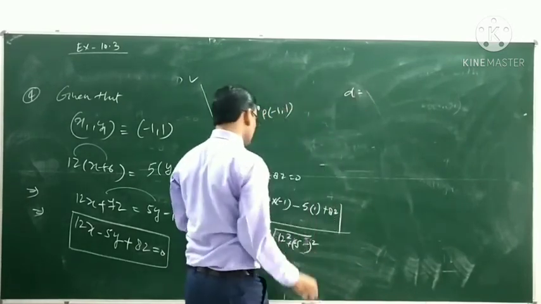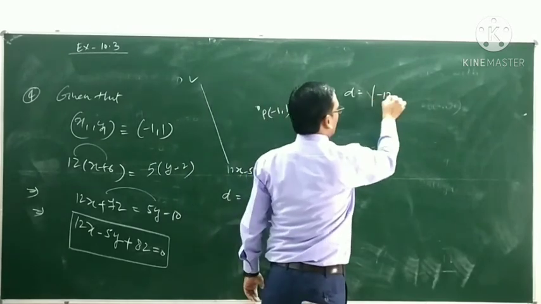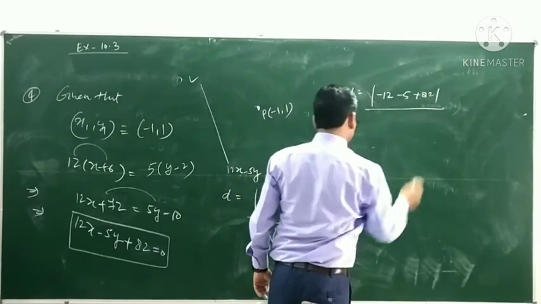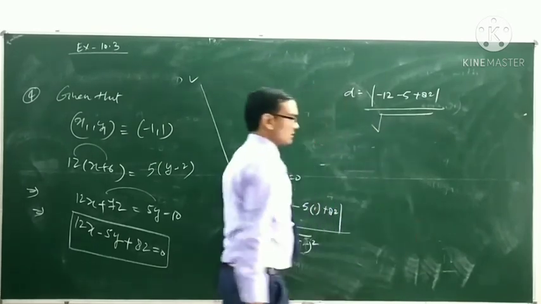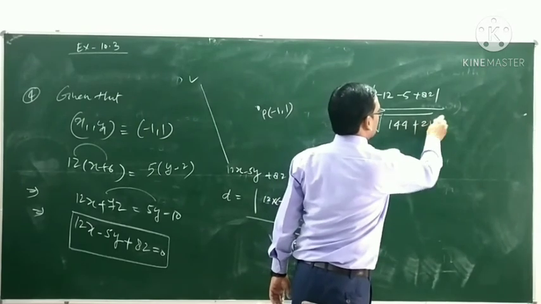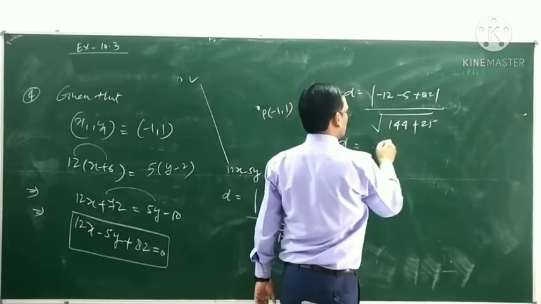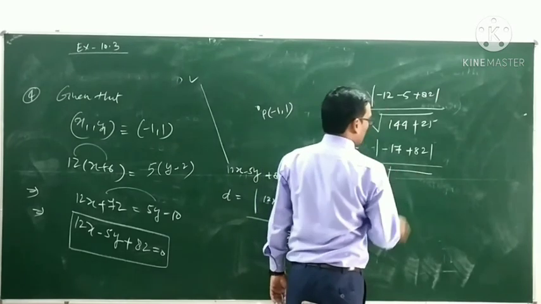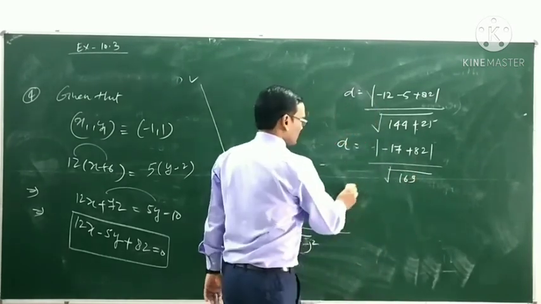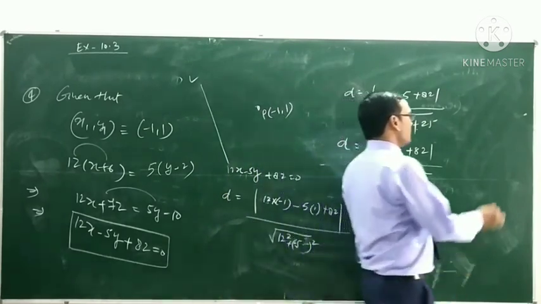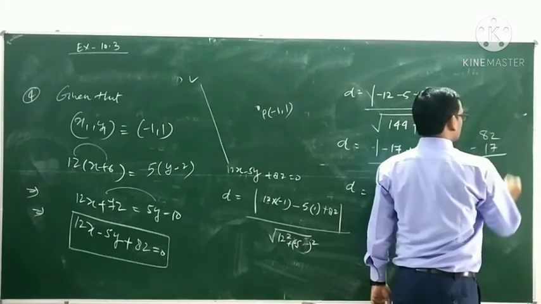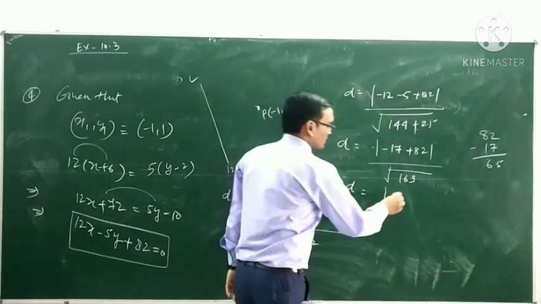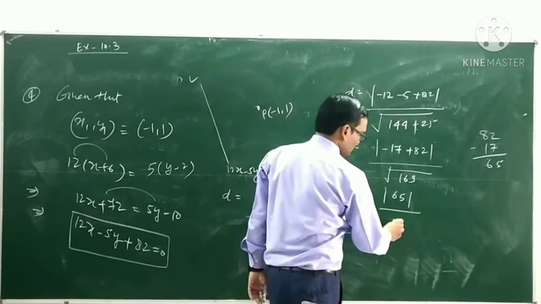d equal to mod of minus 12 minus 5 plus 82 upon square root of 12 square is 144 plus 5 square is 25, so d equal to mod of minus 17 plus 82 upon square root 169, d equal to mod of 82 minus 17, which is 65, upon 13.